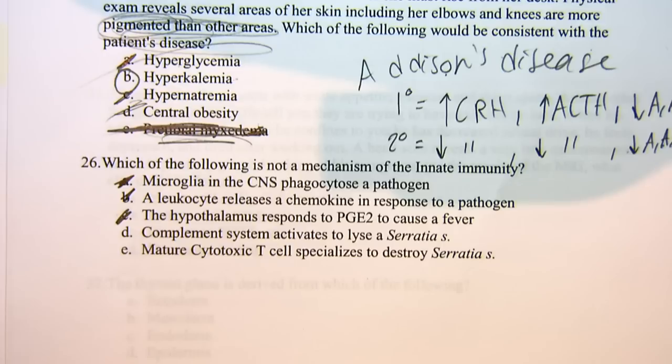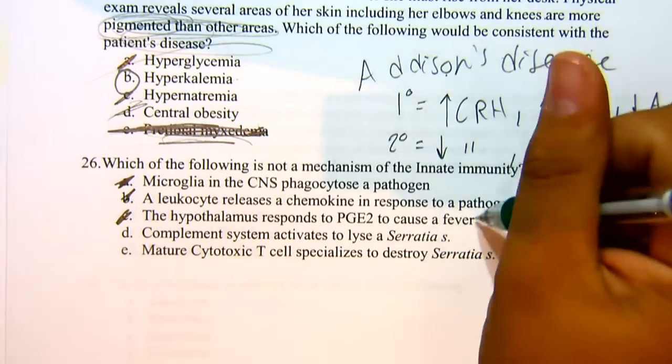And the next reason is that when we increase our body temperature, that increases enzymatic activity, right? By increasing the enzymatic activity, we're going to make our body work faster and more efficiently and kill the pathogen. So that's why we have a fever.